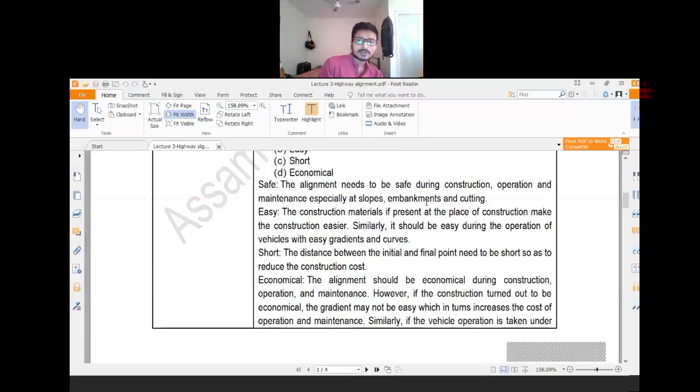But after constructing, what happens if the gradient is more? The energy used by the vehicles to overcome that gradient will also be more. So in that case, the vehicle operation cost will be more. You have to think about those scenarios also.